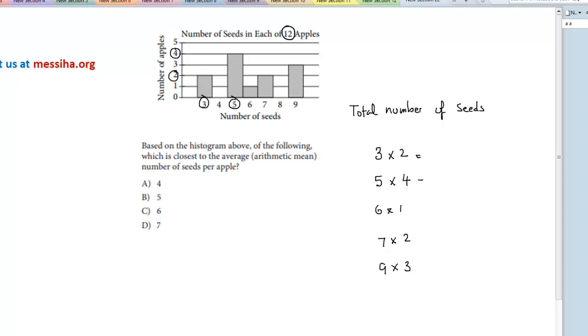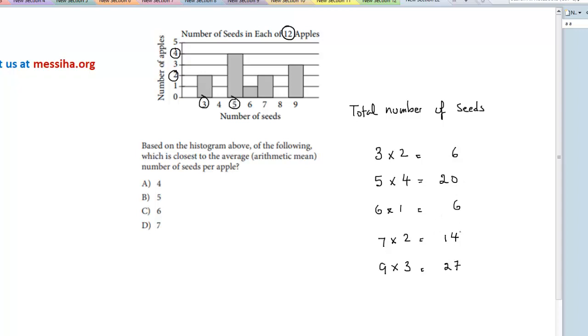So let me check the number of seeds. In this case it's going to be 6, here 20, here 6 again, after that 14, and after that 27.